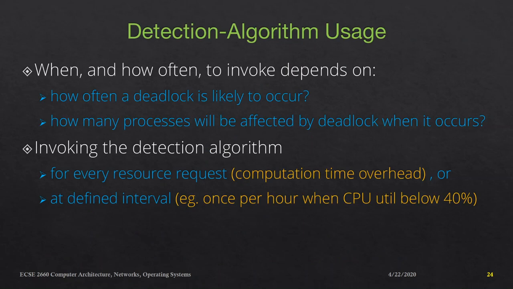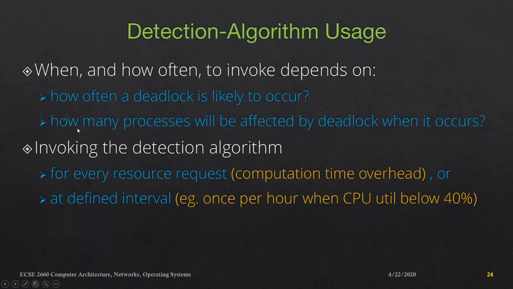Next, let's talk about the usage of the detection algorithm. So when do you use it? How often do you invoke this detection algorithm? Both of those questions depend on how often a deadlock is likely to occur. If deadlock occurs very frequently, then you would want to invoke the detection algorithm frequently.